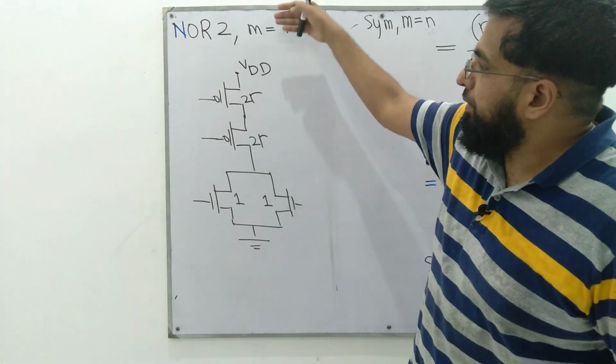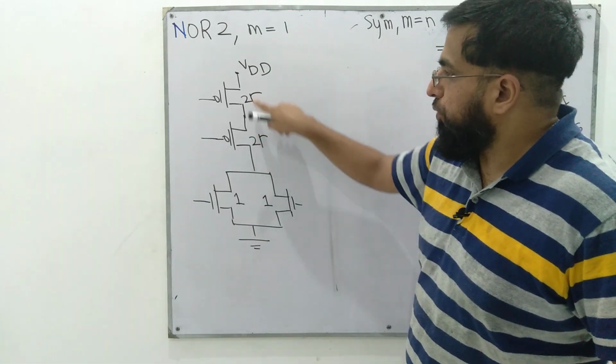But if we increase these series transistors to 3, every one of these would be 3R.